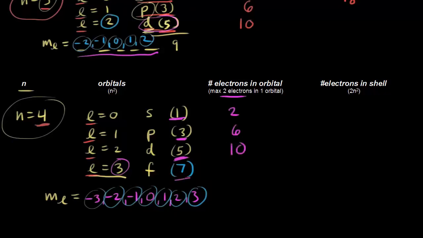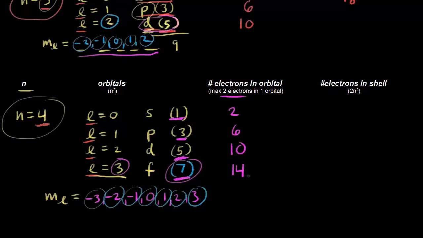And then we just talked about F orbitals, which would be way too difficult for me to draw. So you can get some nice pictures of F orbitals online or in your textbook. So if we have 7 F orbitals, 7 times 2 gives us a total of 14. So we could have a maximum of 14 electrons in the F orbitals.